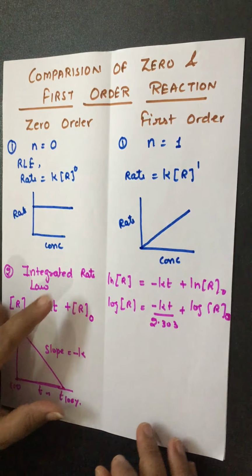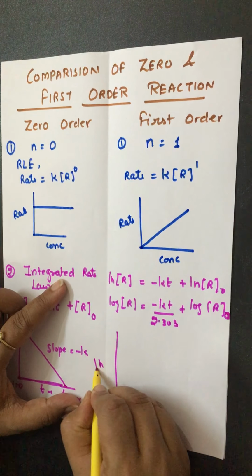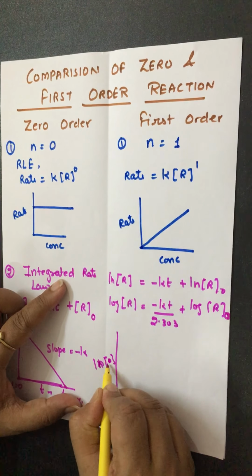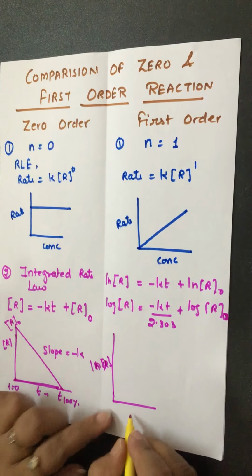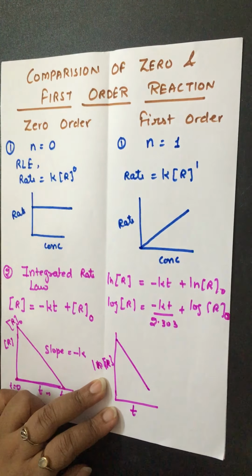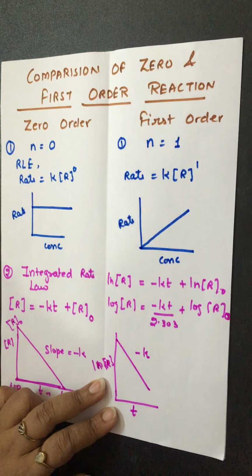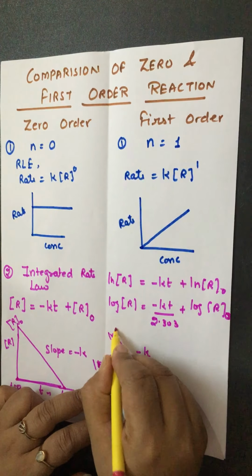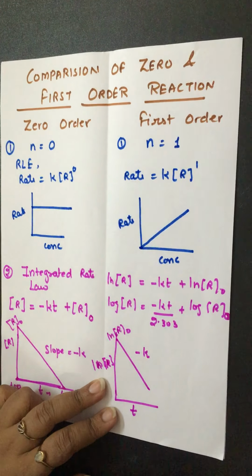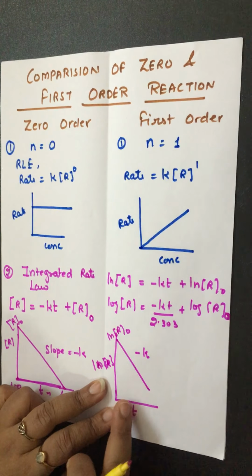Now the turn for the first order. First of all, ln R and t. This graph comes out to be like this, right? And in this case, slope equals minus k and intercept equals ln R naught. Hopefully all of you will be able to plot this graph.